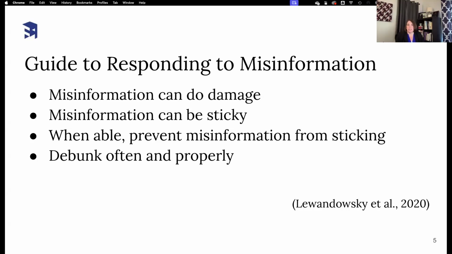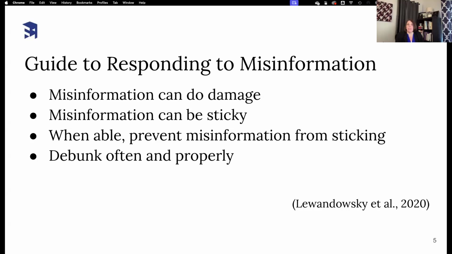So misinformation is false information that's spread by mistake, which I mentioned, and its intent is to mislead. We also believe that misinformation is sticky. The information continues to influence people's thinking even after they receive and accept a correction, and it tends to have this influential effect.